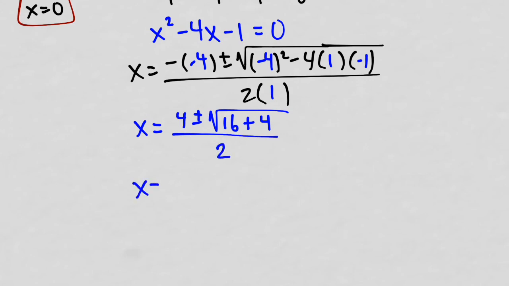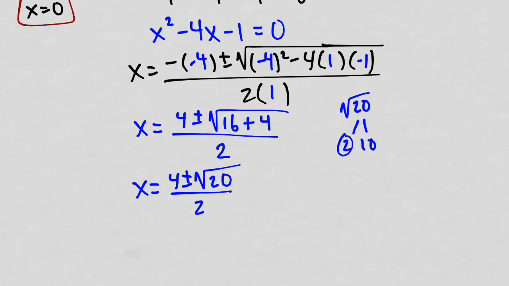So x equals 4 plus or minus radical 20 all over 2. We are going to simplify the radical 20. Here we go. Factor 20, that's 2 times 10. That's 2 times 5. So it's a 2, a 2, and a 5.